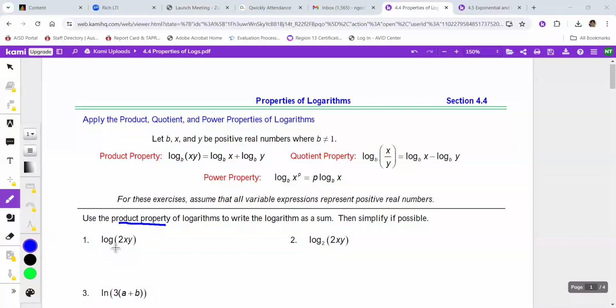Here we see the log of the product 2 times x times y. If we do not see the base, by default it is base 10. Just keep in mind there are more than two bases, but the two bases that the textbook gives shortcuts for are base 10 and base e. Base e is written with the shortcut natural log, or ln.